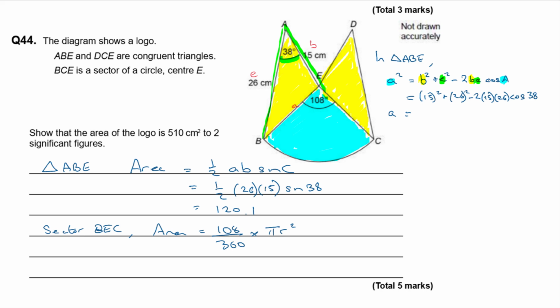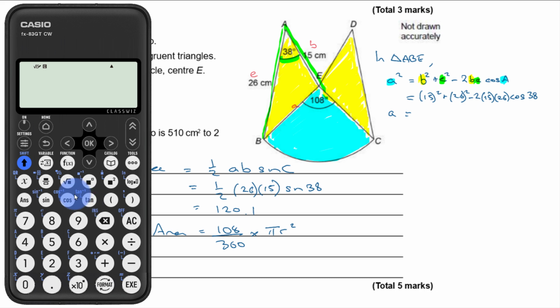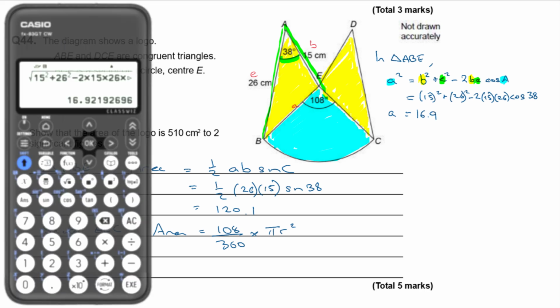So I'm going to put root and then 15 squared plus 26 squared minus 2 times 15 times 26 times the cos of 38. Close bracket. Boom, what's that then? That's 16.9 to one decimal place. So A is 16.9. So then that's going to be my radius, isn't it?